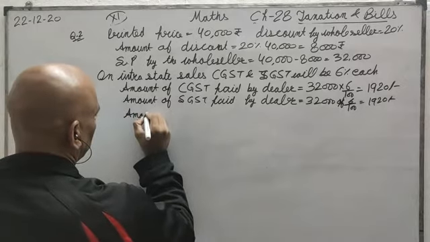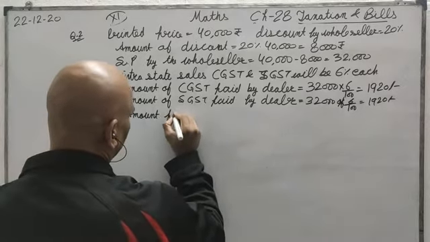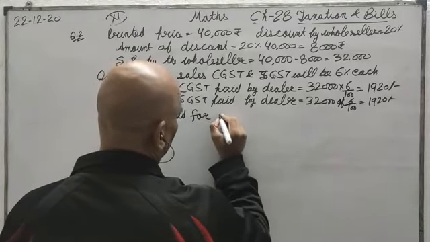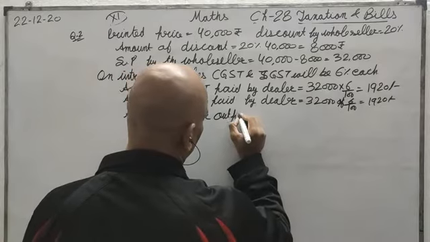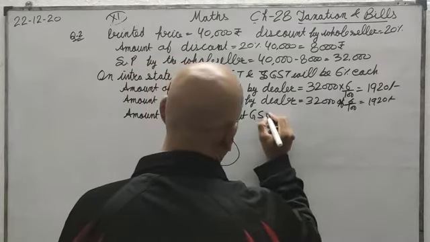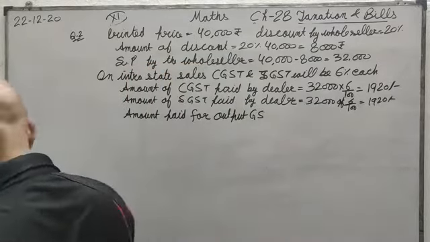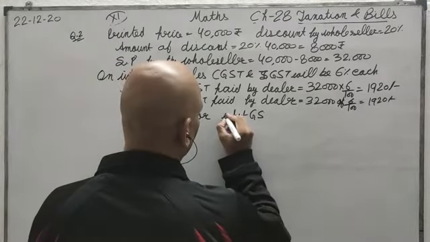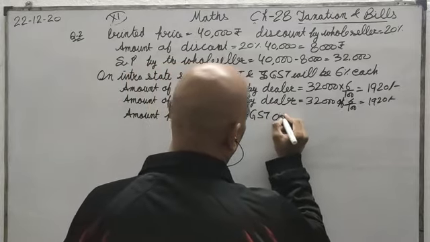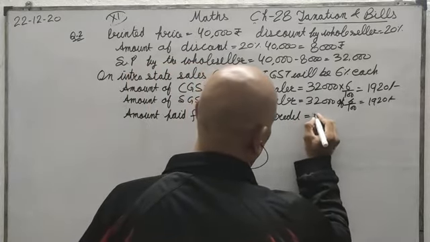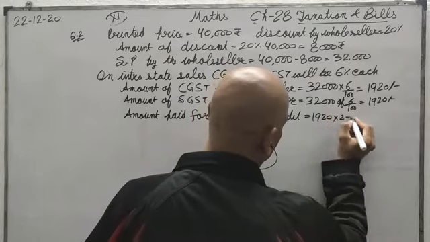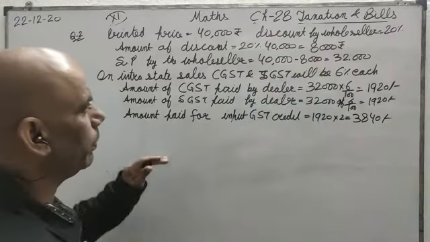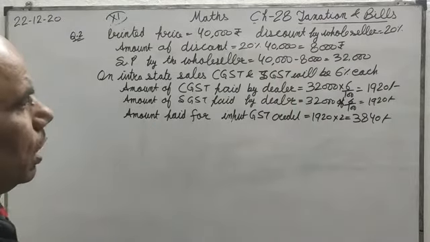Amount paid for input GST credit, 1920 into 2, 3,840 rupees GST will be paid by the dealer to the wholesaler.